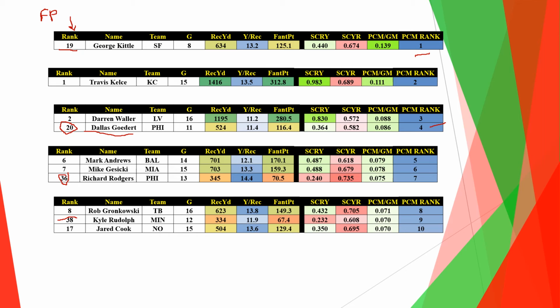Rudolph, even though he got thrown away by Minnesota, and Jared Cook got thrown away by New Orleans, they may be some surprises. They may be some targets if you're doing best ball, maybe your second tight end or something. Think about that. It might be helpful, may not, but it might be.